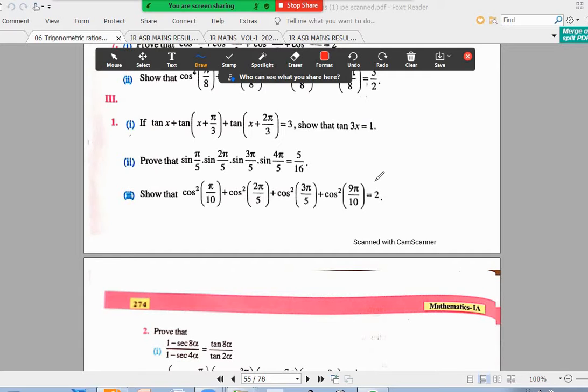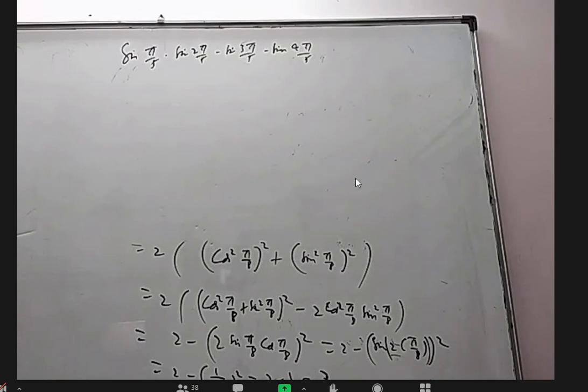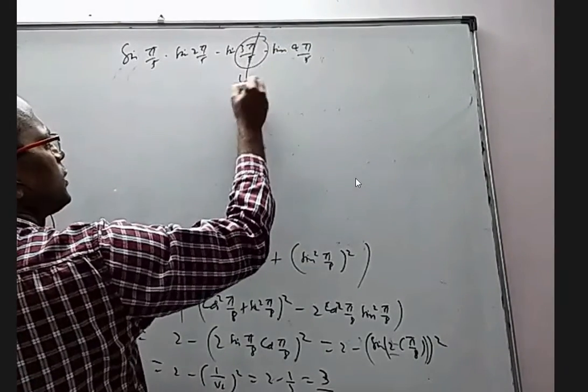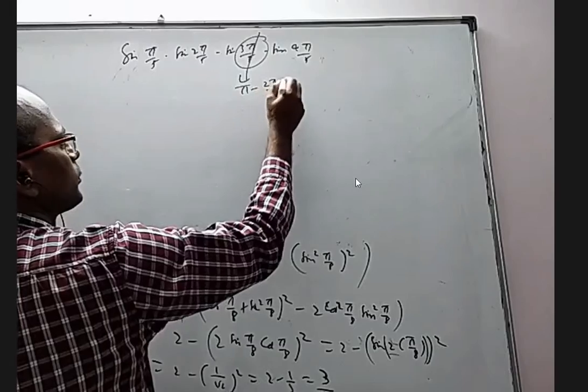Sine pi by 5, sine 2 pi by 5, sine 3 pi by 5, sine 4 pi by 5. This 3 pi by 5, I want to write as pi minus 2 pi by 5.